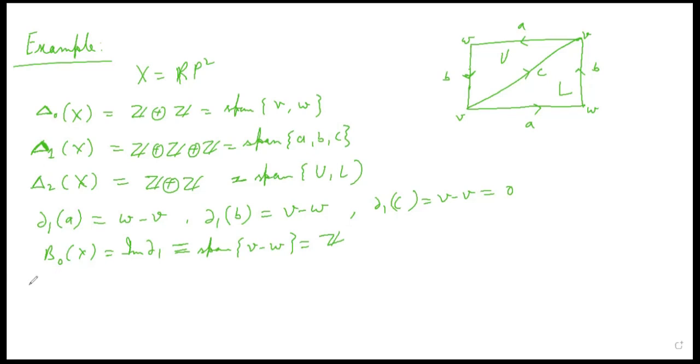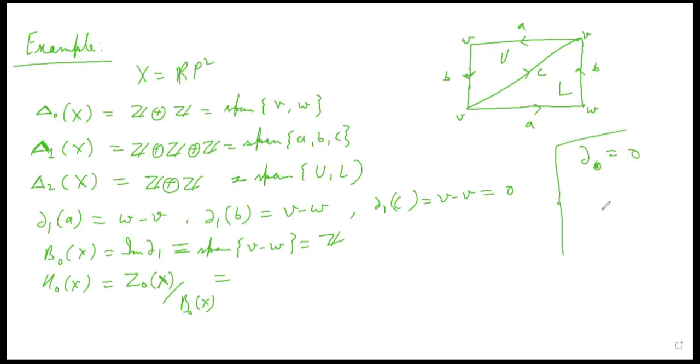So this is what, quotiented by. So this is always zero, right?